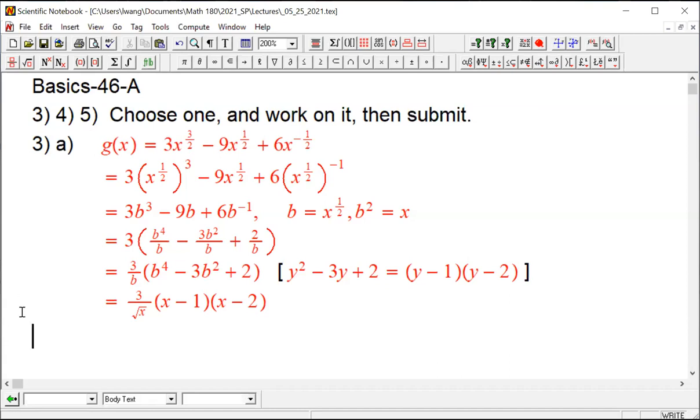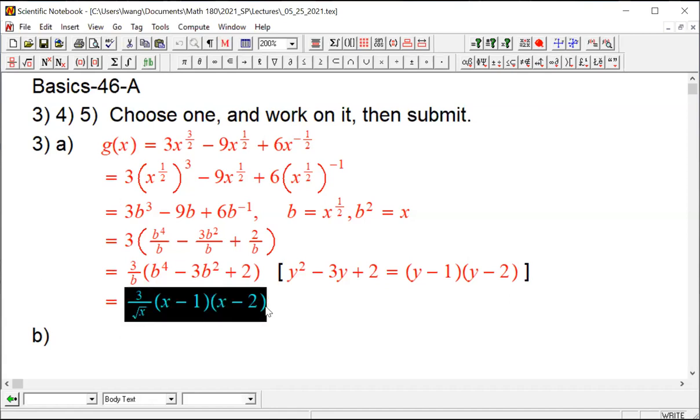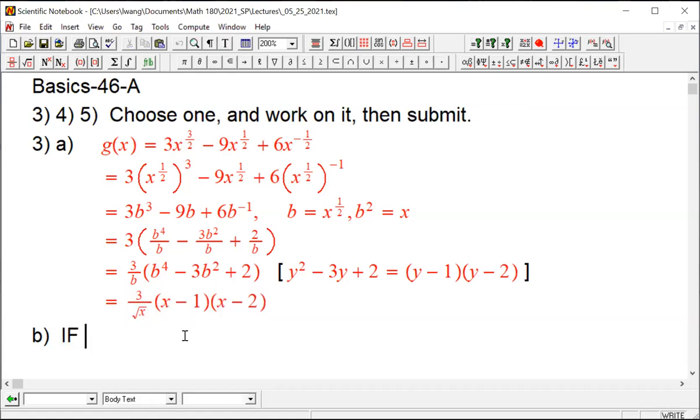Okay, and B. Just set it equal to 0. So when we do this, we create this if statement, right? So if g of x equals 0, this is creating an if statement, which sets up an equation.